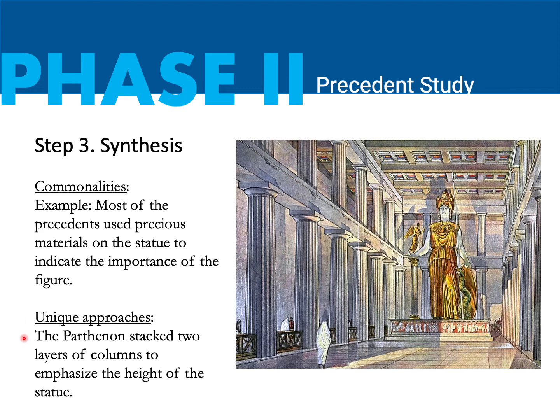So here's an example. The Parthenon stacked 2 layers of columns to emphasize the height of the statue. So let's think about that. They could have easily just put single columns all the way up, floor to ceiling, to hold up the building. Why didn't they do that? They just did it on the exterior of the Parthenon. Well, they did that to further emphasize, as a trick, your perception of the height of Athena.